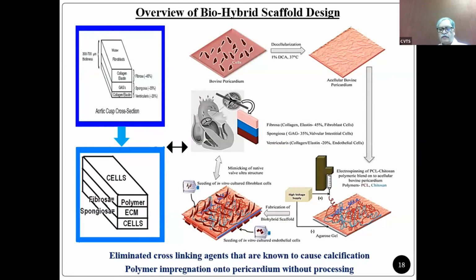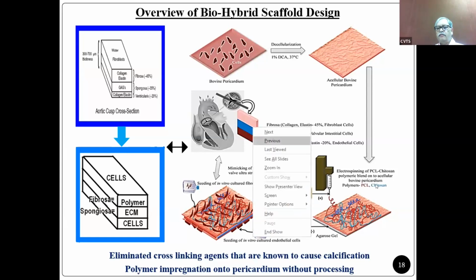In those three we have checked basically. So this eliminates the cross-linking agents that are known to cause calcification. Polymer impregnation and pericardium without processing, that we have done. So we have developed a scaffold which is better than the other one.